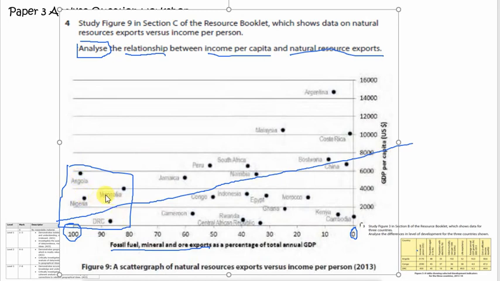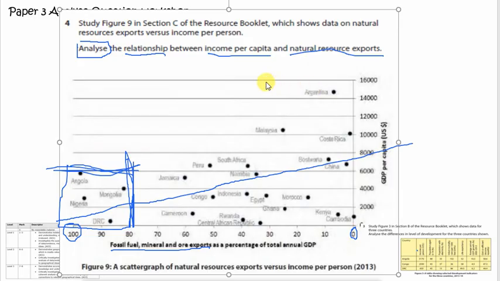I've used the source. I might quote some numbers. So above 80%, and also under 6,000 GDP per capita. That's one component part. All right.